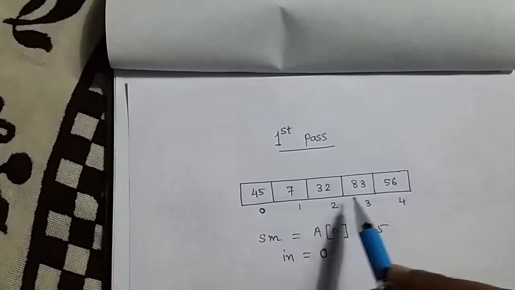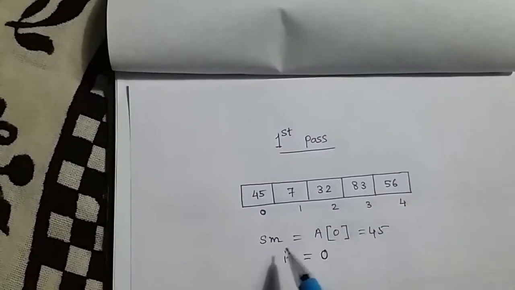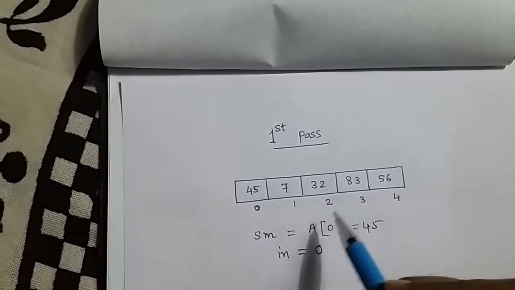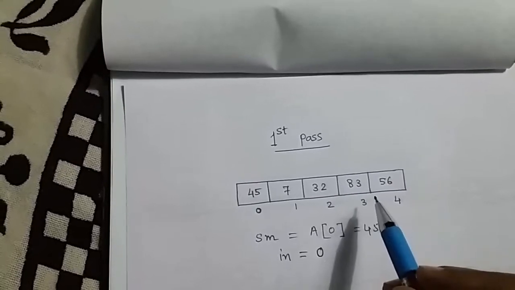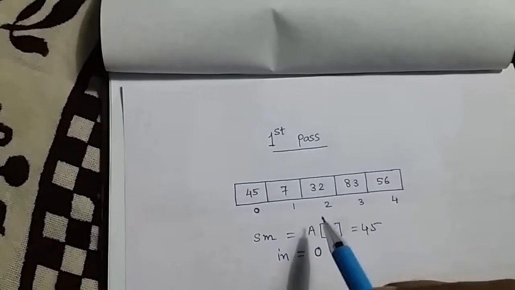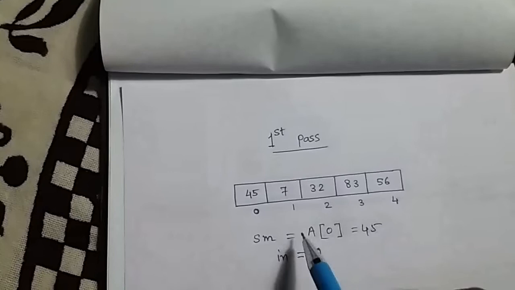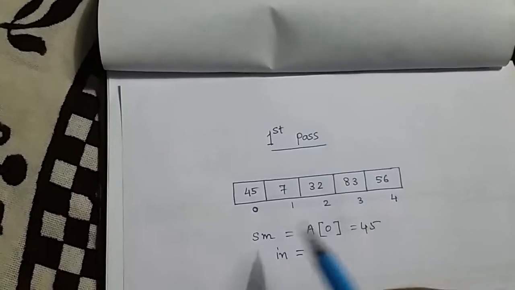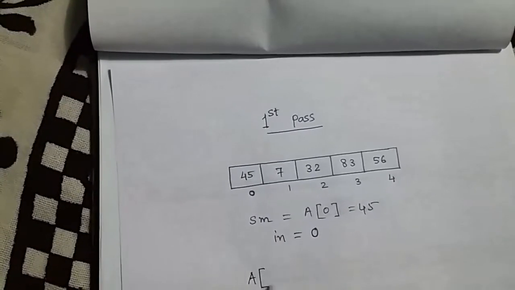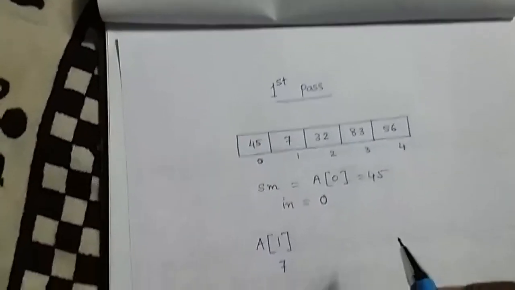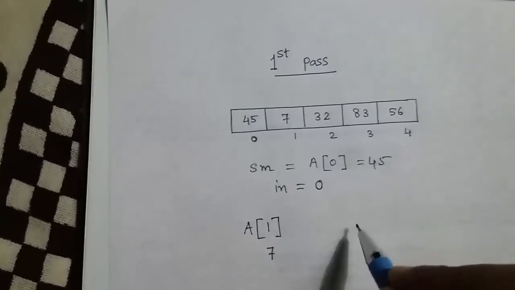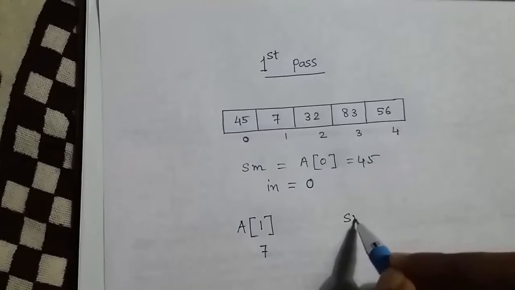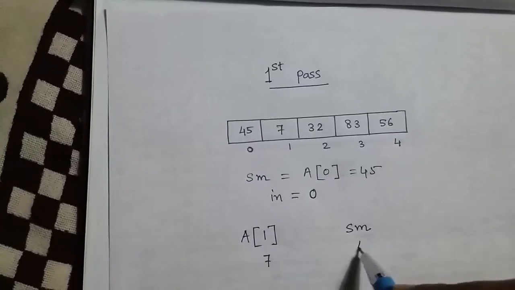So now the rest of the elements will be compared with this sm. If any of those elements is smaller than sm, then the value of sm will be changed. So at first a of 1 will come, a of 1 which is 7, and here sm is actually 45.